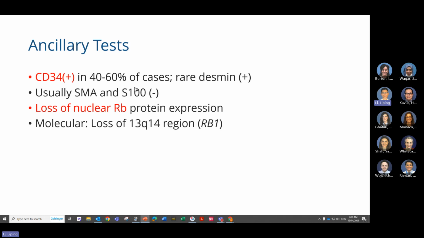And then for the immunostaining, really characteristic, this is one of the entities where we can see CD34 positive and loss of RB1. And then we have at least another 3 entities with the characteristic CD34 positive and loss of RB1.